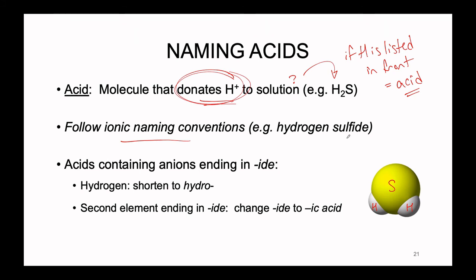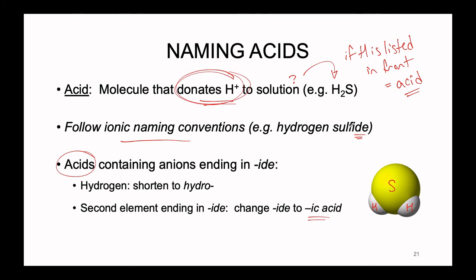So that's good, that's well and good, hydrogen sulfide. How we make this name special, following this new rule for the acids, is if your acid name ends with an IDE, which it should if we're following the ionic naming convention, we are going to shorten the hydrogen to hydro, and the second element listed that ends in IDE, we are going to change that IDE to ic acid.